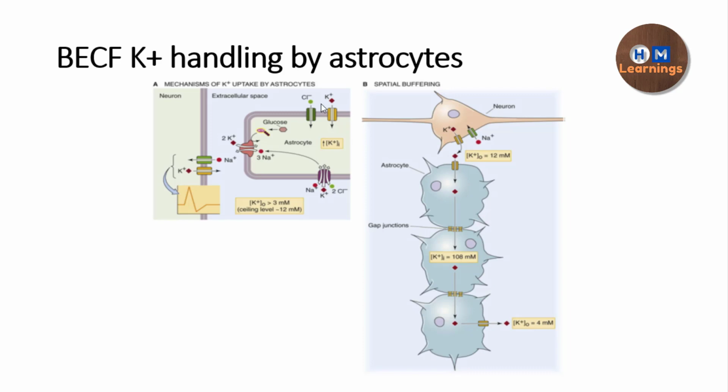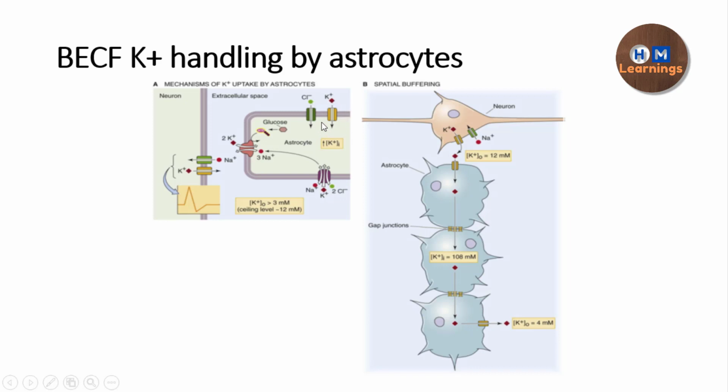It can be more sensitive to potassium only when the astrocytes have channels for conducting the potassium, and as you can see in this diagram, there is a sodium potassium ATPase pump which is pumping the potassium inside. We have a sodium potassium 2 chloride co-transporter also, as well as potassium channels.